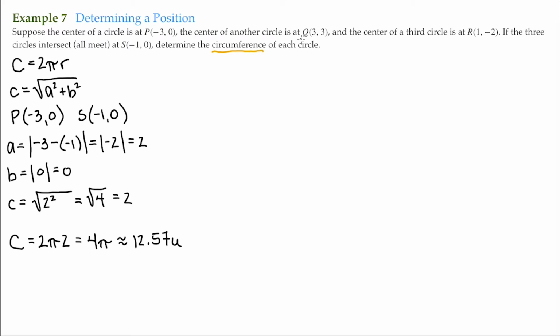Then we do the same for this circle here. Of course, it has a center at 3 and 3. But it shares the same endpoint, which is S at -1 and 0. A is going to be the difference of the x-coordinates. That's going to be 3 minus -1.